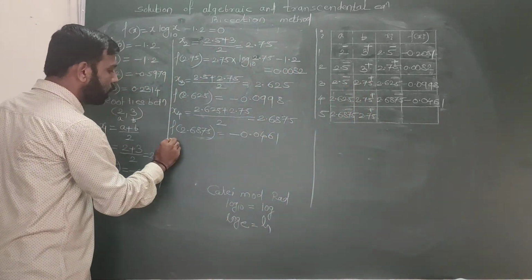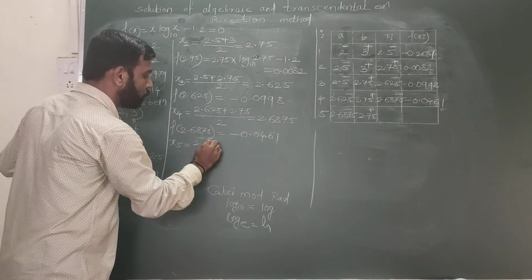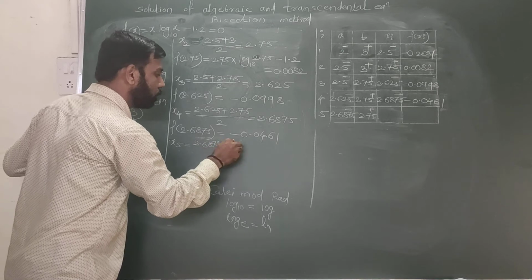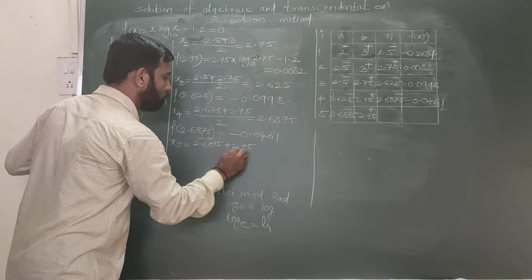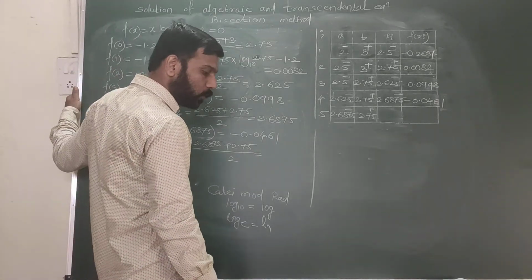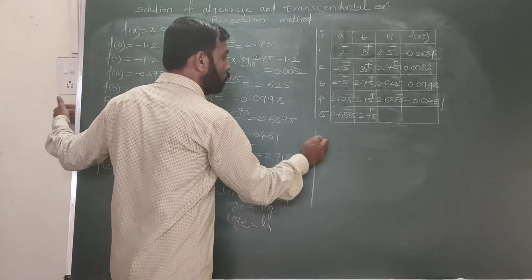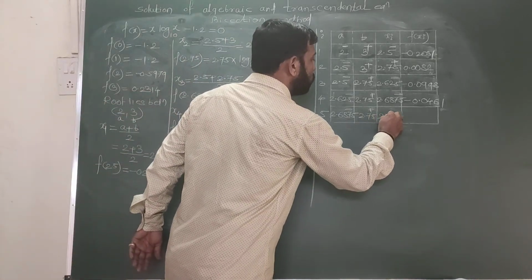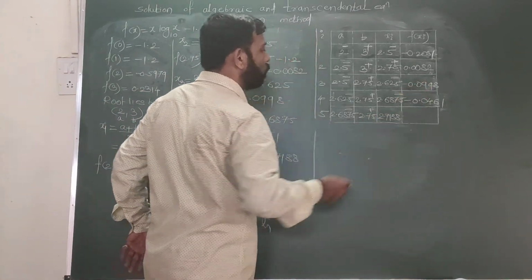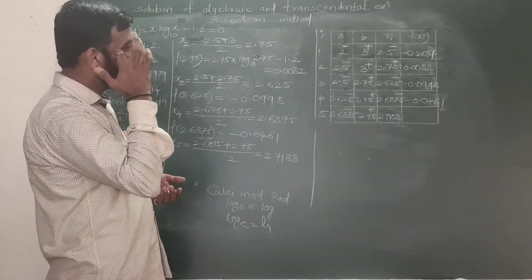So we'll discuss the fifth approximation, divided by 2. So x5 becomes 2.7188.